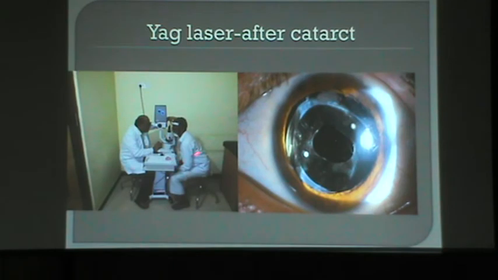So this is a YAG laser, where earlier there were secondary cataracts behind the lens. To remove this, we used to do surgery. Now there is a photodisruptive laser. It disrupts this membrane and makes a beautiful hole, so the patient will regain the vision. So these are some of the, in a nutshell.